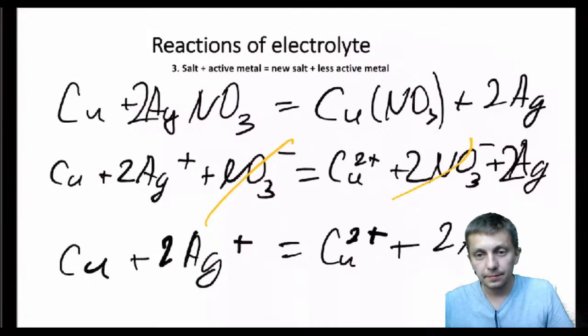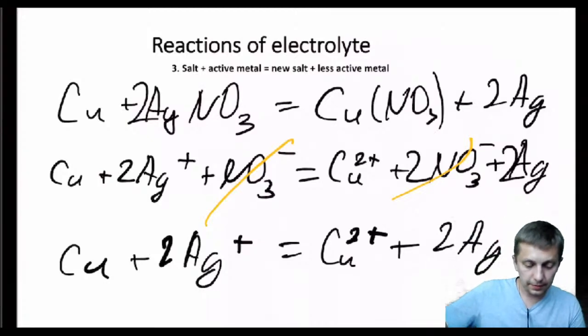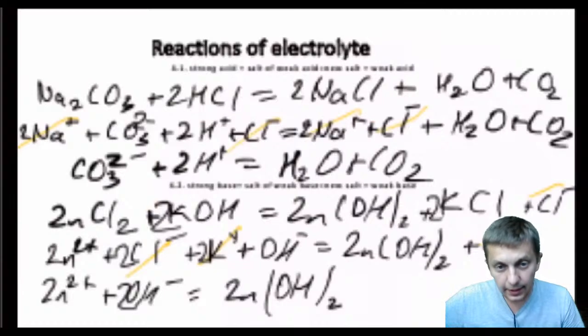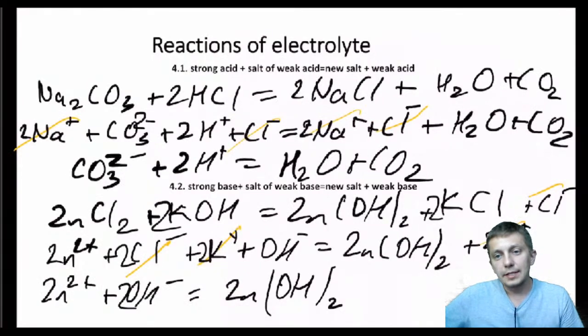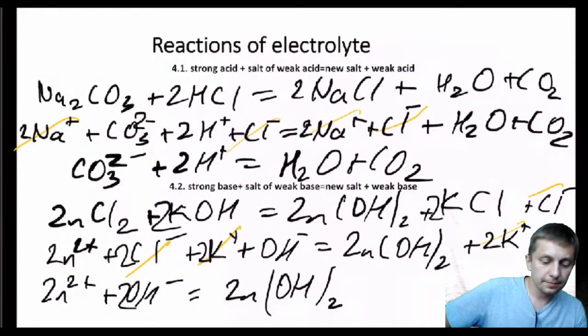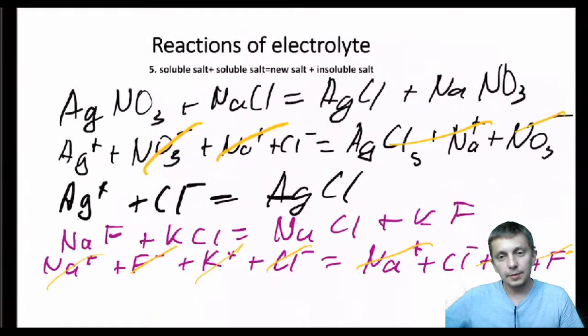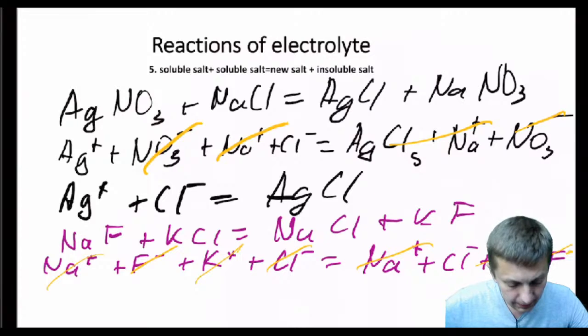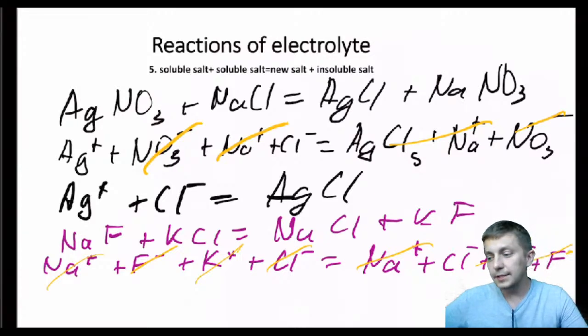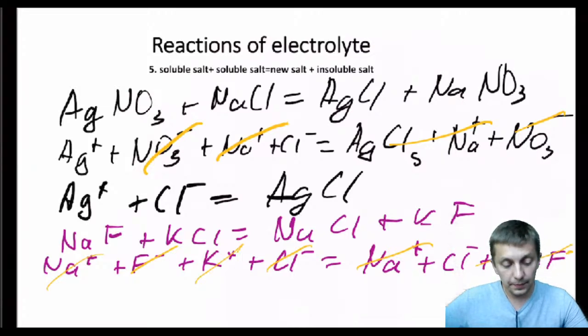Salt plus metal, we get a net ionic equation. We can get it with a strong one with a salt of something weak. Same. Salt with salt, we can get a net ionic equation. So in any case, in any situation, we can get a net ionic equation for a reaction which happens.